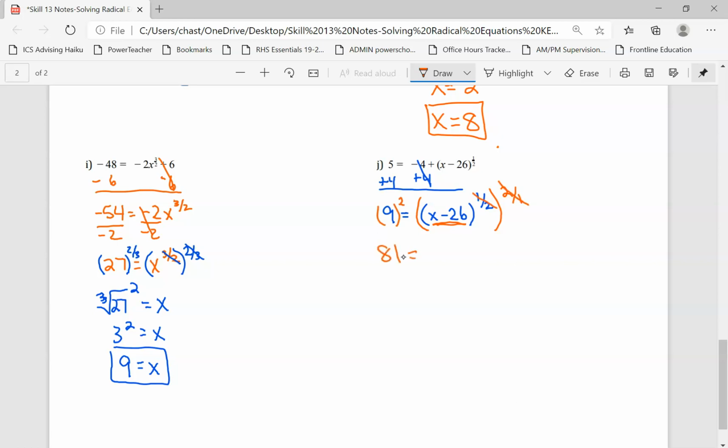So we get 81 equals x minus 26. Add 26 to both sides, and we get 107 is our value of x. Okay. And so that's how we're going to solve radical equations and equations with rational exponents.